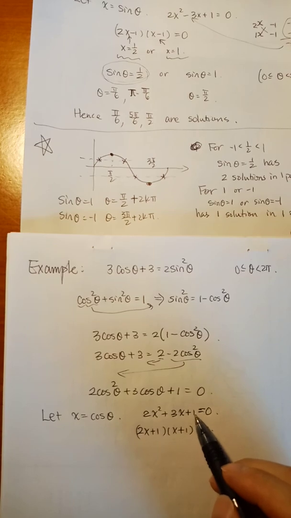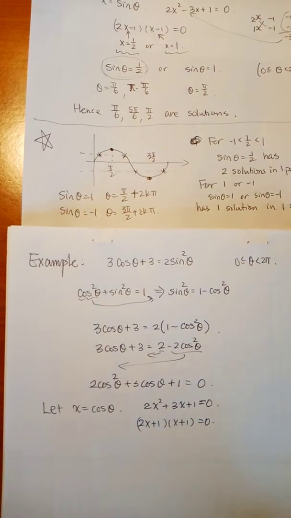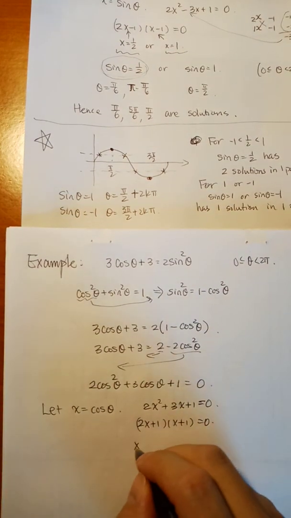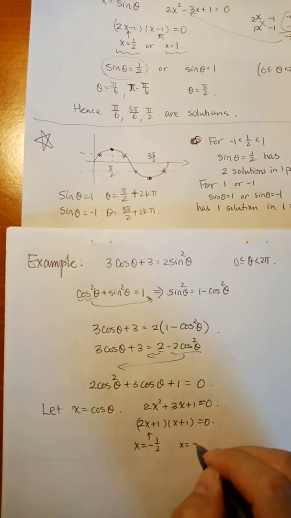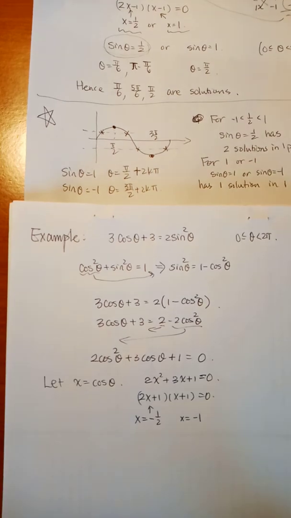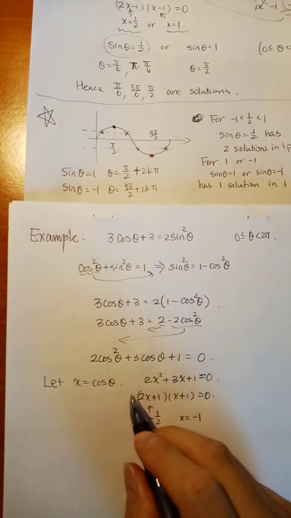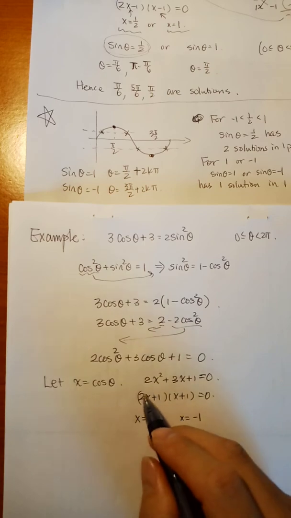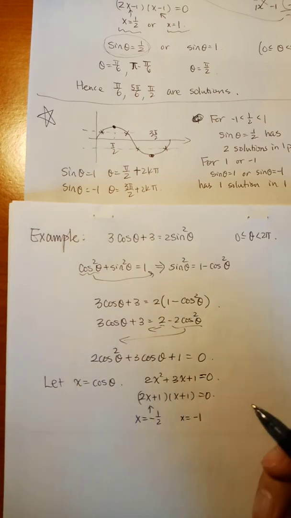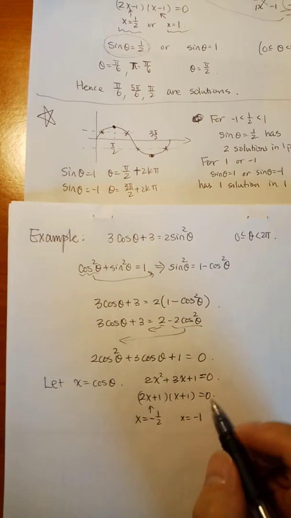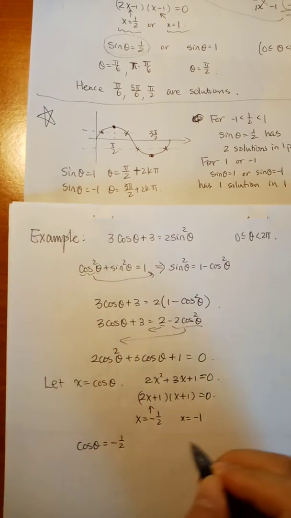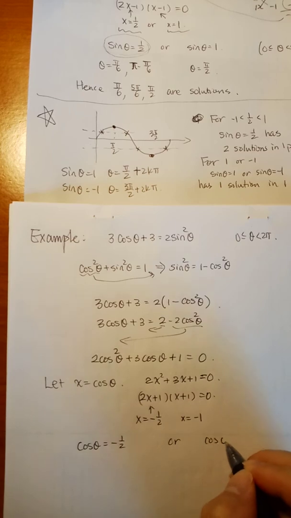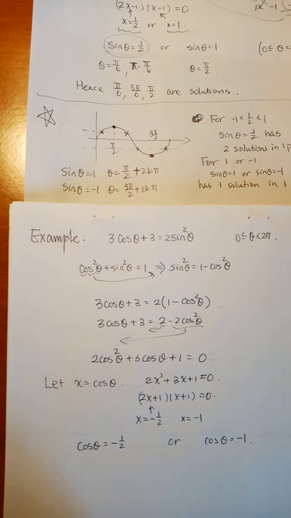You just decompose 1 as 1 times 1. And then you get x is negative 1/2, or x is equal to negative 1. Negative 1/2 gives the first factor equal to 0. Negative 1 gives the second factor equal to 0. Okay, so you get cosine of theta is negative 1/2, or cosine of theta is negative 1.